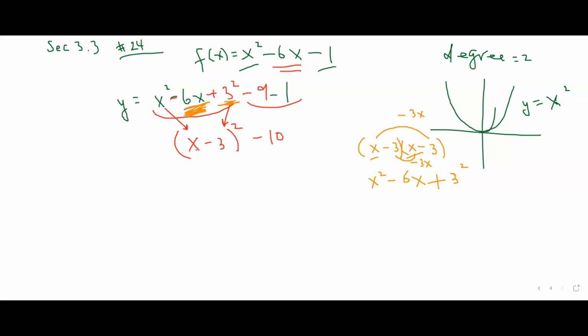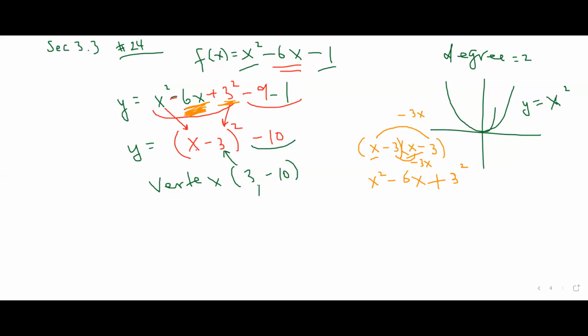And this is it. I have my vertex now. I have the vertex, which is what? I take the first coordinate from x, which is whatever is in the parentheses. We change sign to the opposite, minus with a plus. And then I take the number that is negative 10. So this is my vertex.